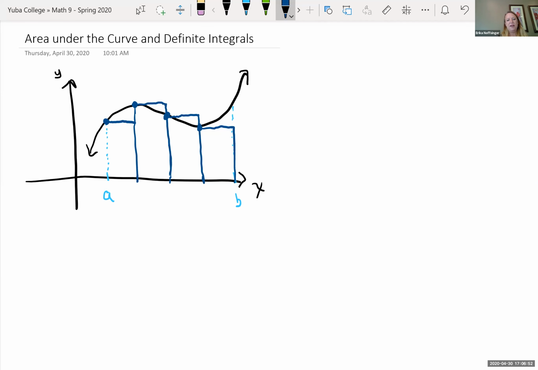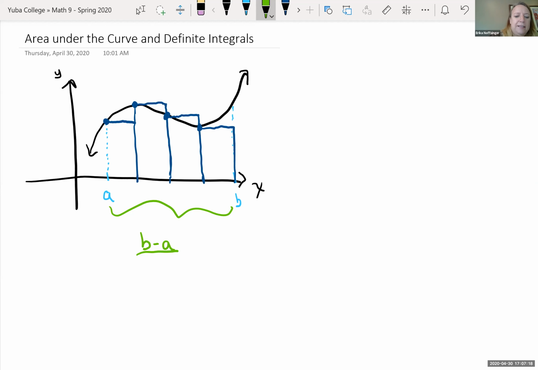So by doing this, we took this distance, and we can find the distance between our 2 bounds, a and b, by taking the larger bound, b, and subtracting a. That's the length of the area that we're looking at. In this case, I subdivided this into 4 different intervals.